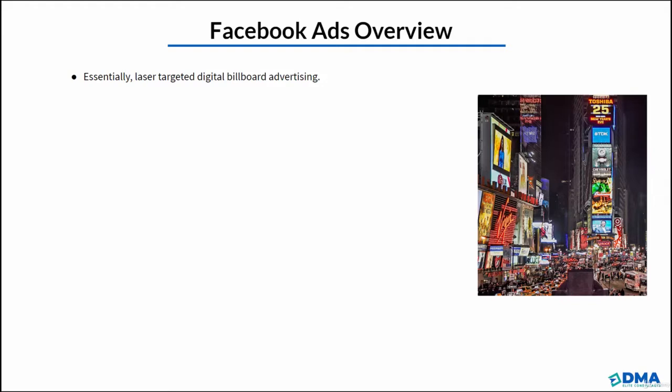So just think about advertising on Facebook as you going down a freeway, you're traveling to a particular destination, and you're seeing a bunch of billboards on the sides of the roads, okay? And what you're able to do is create specific ads that target specific individuals.